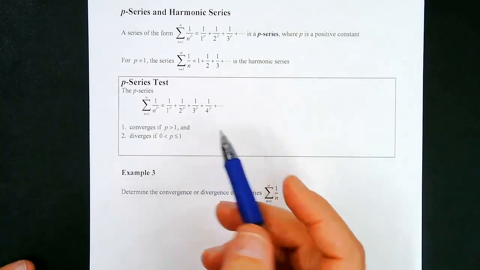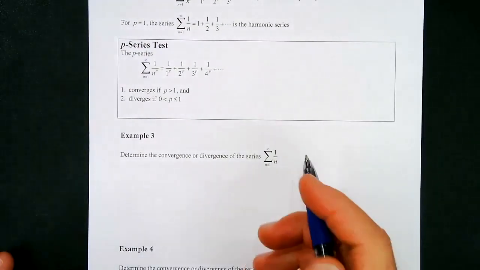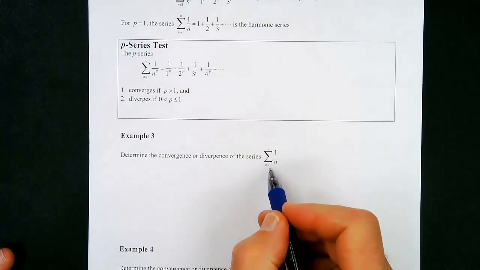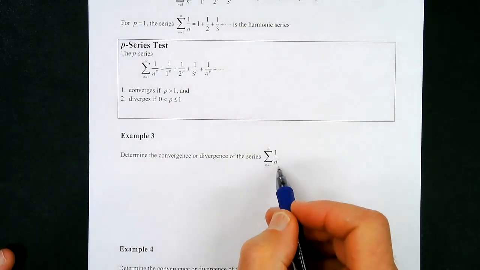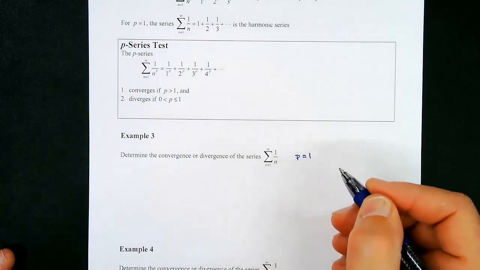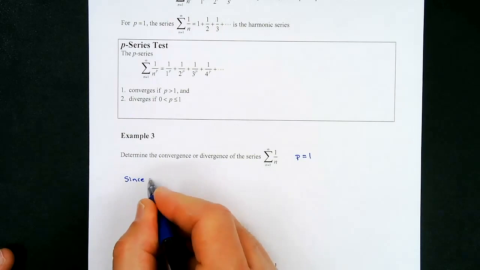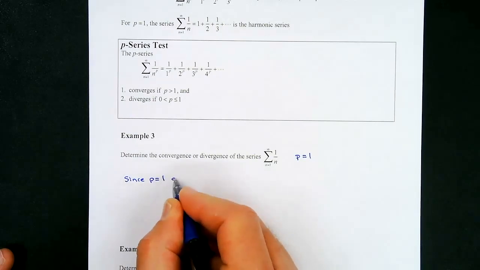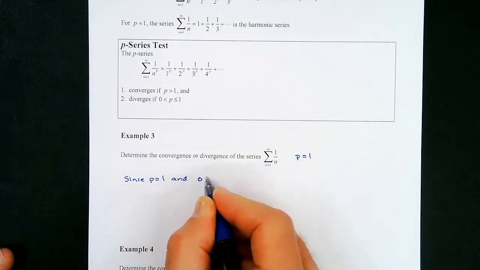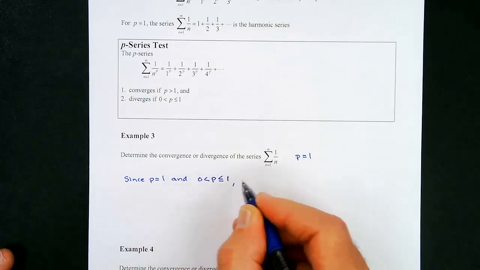Okay, so let's look at this one, okay? So here's the harmonic series right here: sigma n equals 1 to infinity of 1 over n. We recognize that in this problem, our power is 1, okay? And so we can say since p equals 1 and 0 is less than p less than or equal to 1, what do we know?